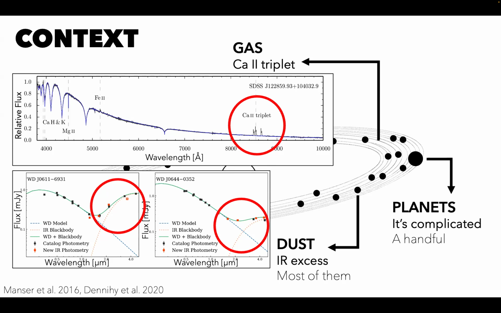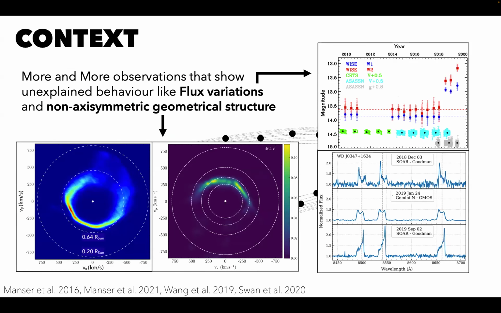The observations have also shown interesting behavior, such as flux variation over any time scale: over decades, over years, over months and days, and even over a few hours. We don't really understand what's going on. They also show non-axisymmetric geometrical structure.